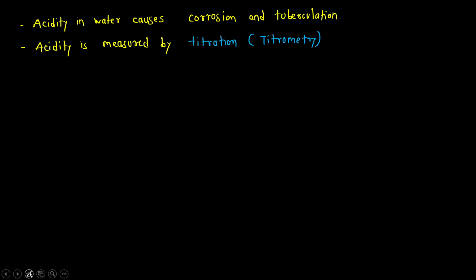So basically, if we try to summarize what happens in the titration process, there is one conical flask. So there is one flask here.